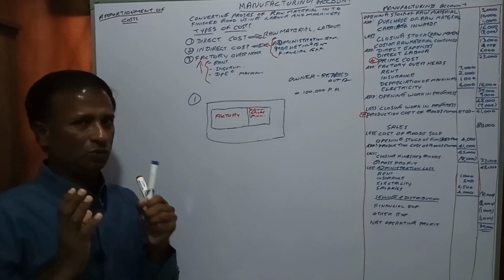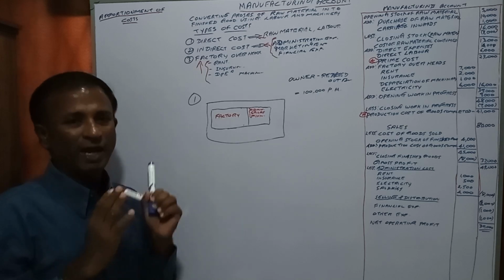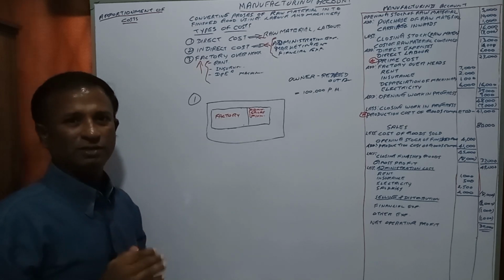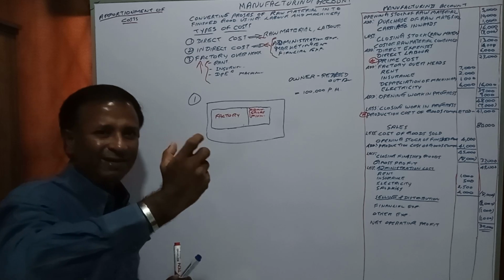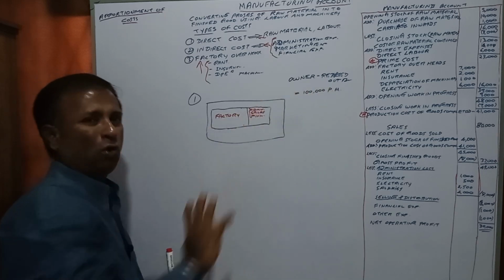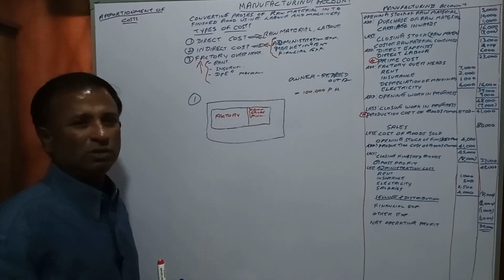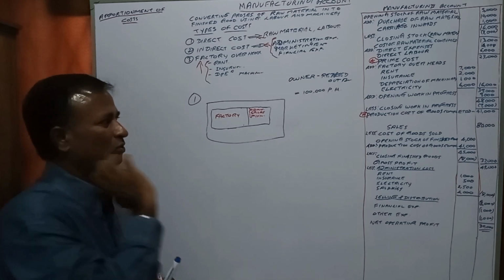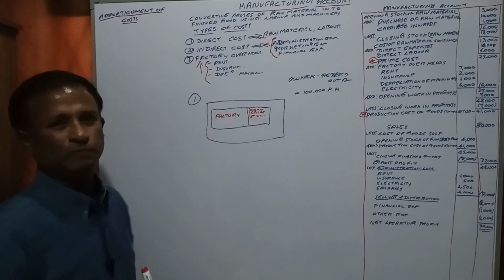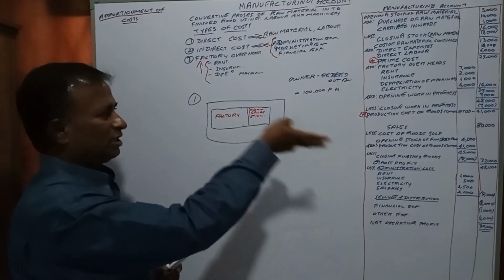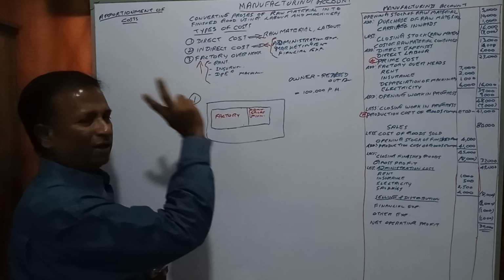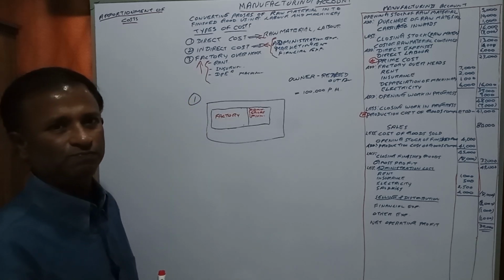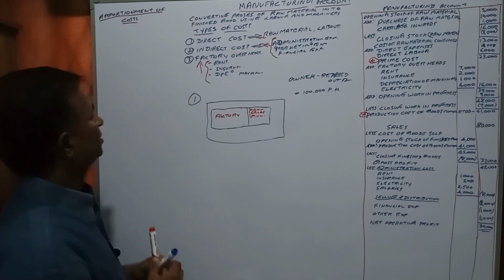Apportionment is a new word for you all, right? That is the meaning of it: how to divide those expenses, or how to distribute those expenses, or how to charge those expenses to the relevant departments, the relevant factory sections, right? That is the apportionment.